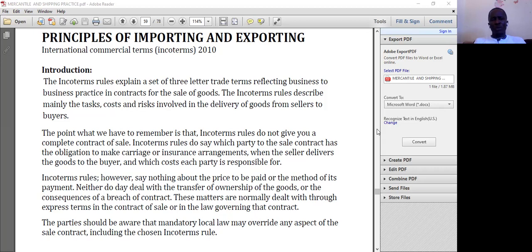Now, what does the word Incoterm mean? Incoterms are just rules which were made to guide international trade, because we know that international trade comprises a lot of different parties who take part in it.